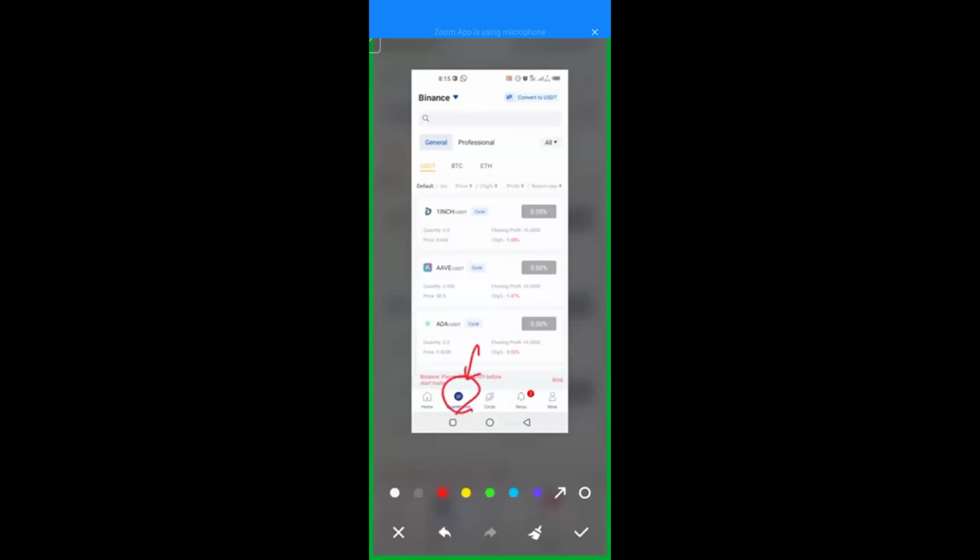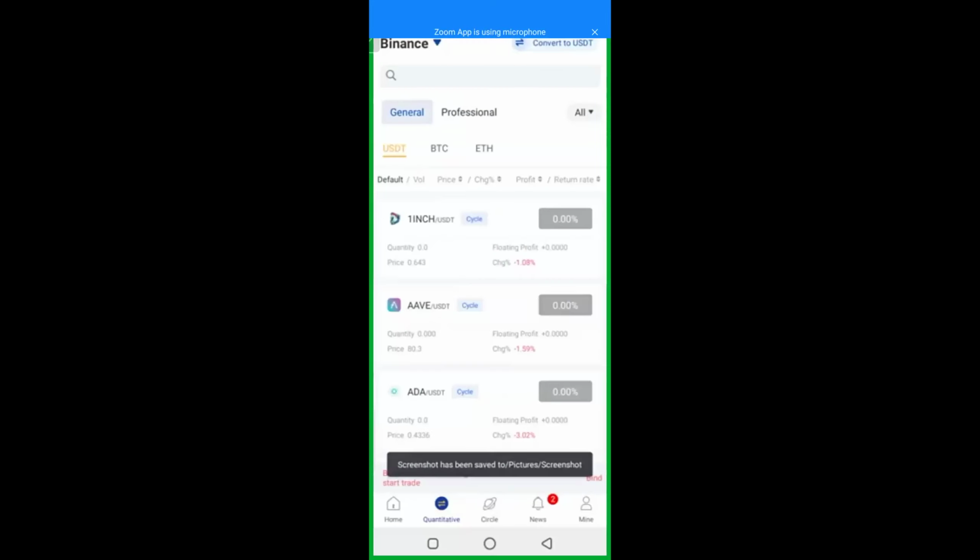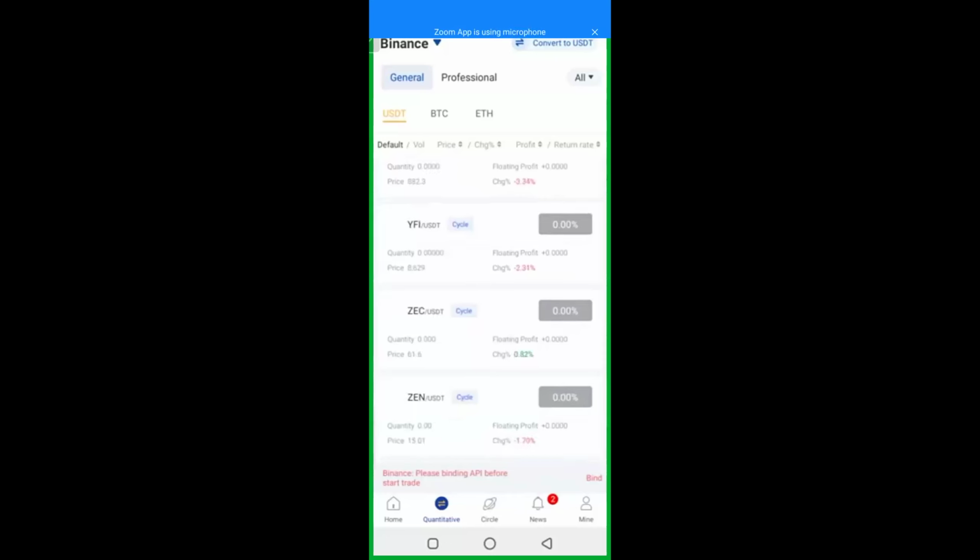After you have tapped on this area called quantitative, you're going to start picking coins, both from general and professional, as you create a watch list in your Trading View. All right, so we're going to do the first task. We are going to pick our first coin.